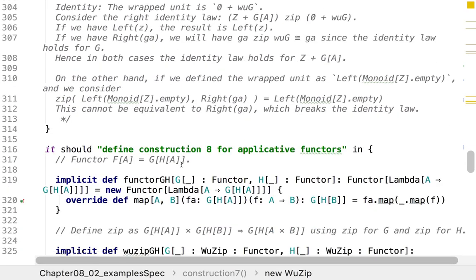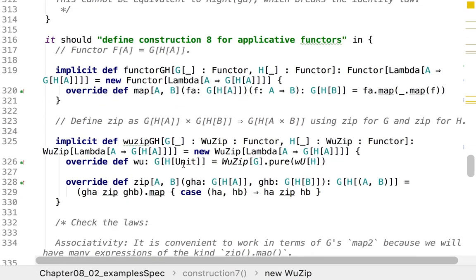Let's see how that works. So we have two functors. We define their composition, which is defined like this, as a type function. And then we define a map, which is standard. We just map over H under G. So we have this nested map.